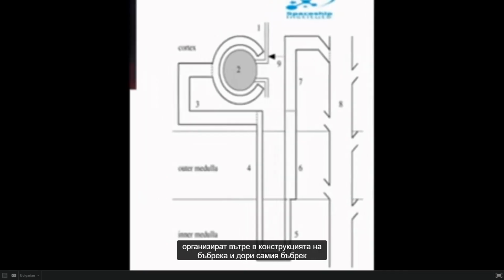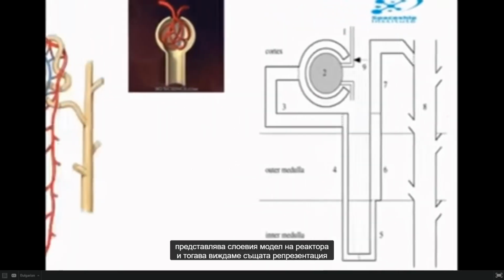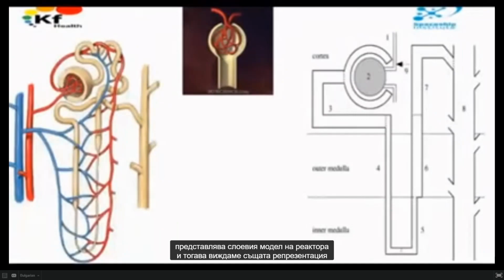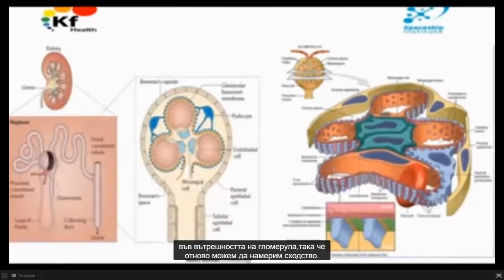And even the kidney itself represents the layering model of the reactor. And then we see the same representation inside of the glomerulus. So all over we are able to find this similarity.